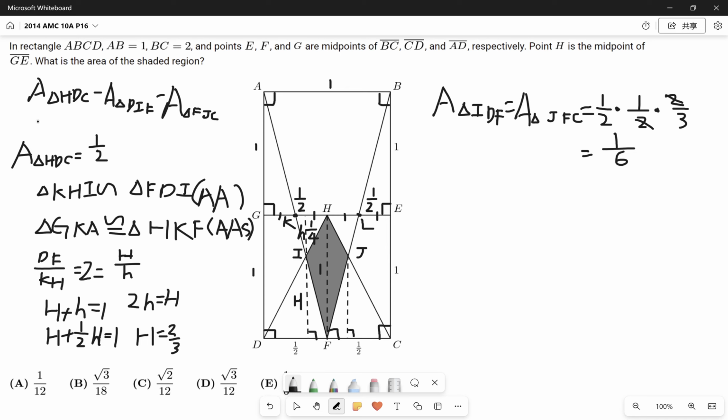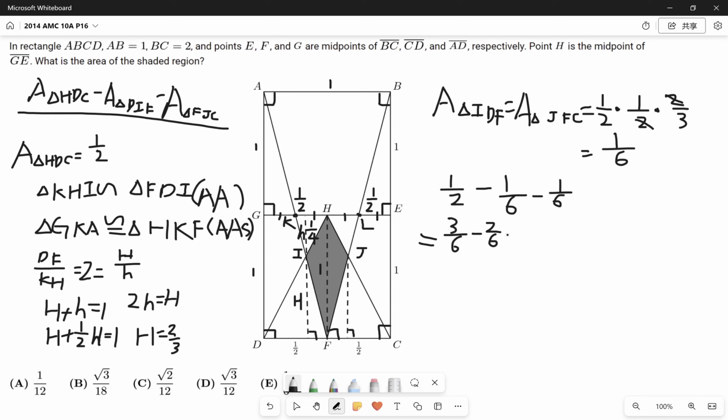So in this equation, we subtract the area of IDF and JFC from the area of triangle HDC. So we have 1/2, which is the area of HDC, minus 1 over 6, the area of IDF, minus 1 over 6, the area of JFC.